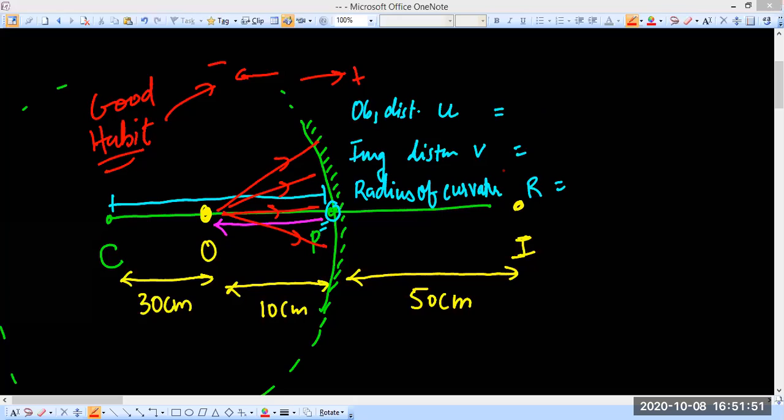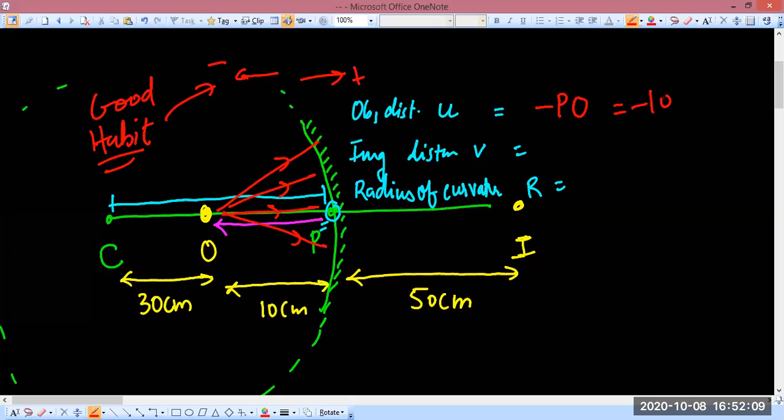Okay, so first of all, u is equal to minus PO, clear? It is equal to minus PO because from P to O you're going towards the left side, right? So this is equal to minus 10 centimeter. Now image distance: from P to I you have to go towards the right side.